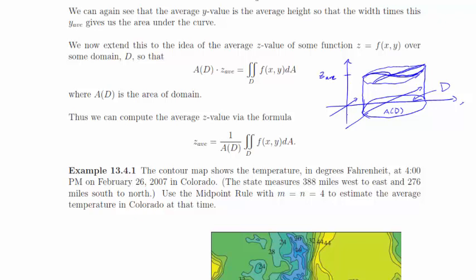If I take that area and multiply it by this height, then I'm essentially doing a prism volume. So this area times the height of this prism, if we had just a flat top, then we want the volume of this prism to be the volume under this curve. So we're choosing the z average to be the height where that works out.